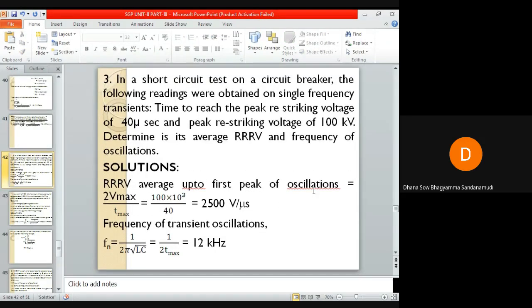So the next problem is, in a short circuit test on a circuit breaker, the following readings were obtained on a single frequency transient. The time to reach the peak restriking voltage is 40 microseconds and the peak restriking voltage is 100 kilovolts.